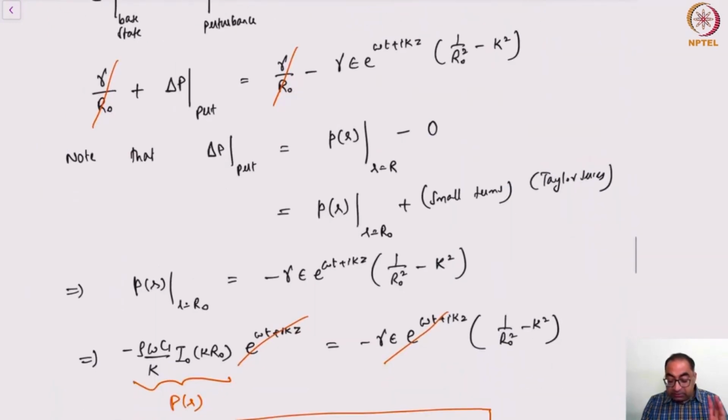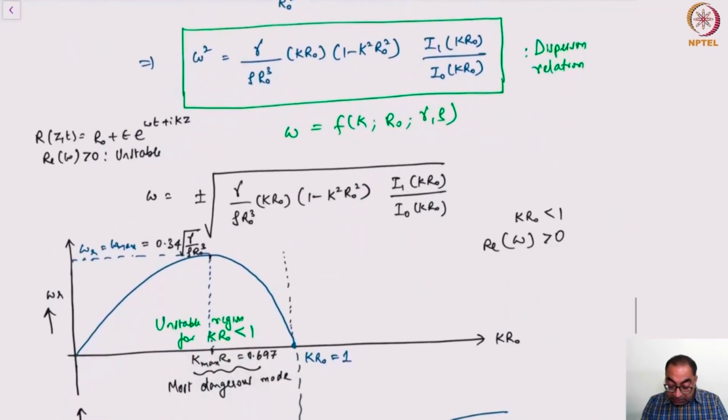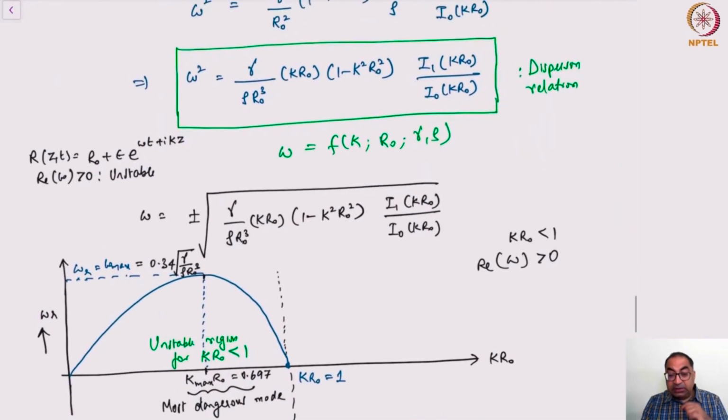In this particular case, the dispersion relation, which I've put in the box here, turns out to be a simple quadratic expression. So omega simply depends on the value of the term that I'm highlighting here. This is a crucial term, 1 minus k square r0 square, because all the other terms in the dispersion relation are positive, and this term will determine what will happen to this entire right hand side.